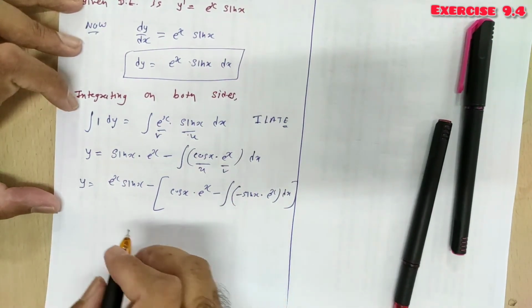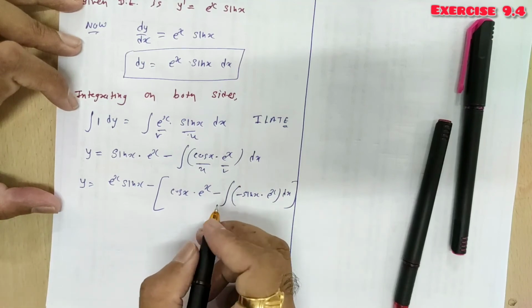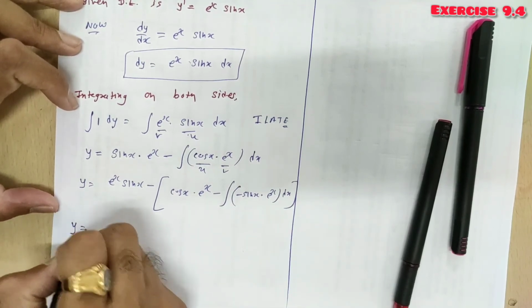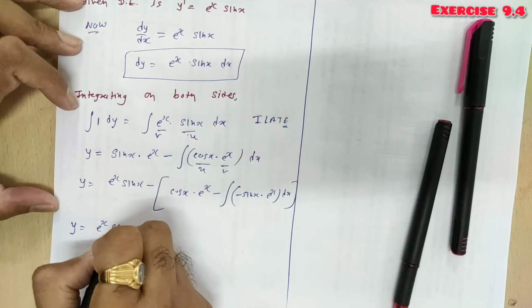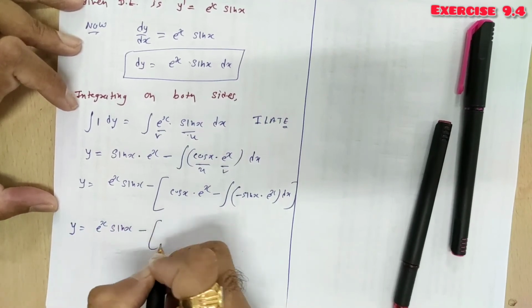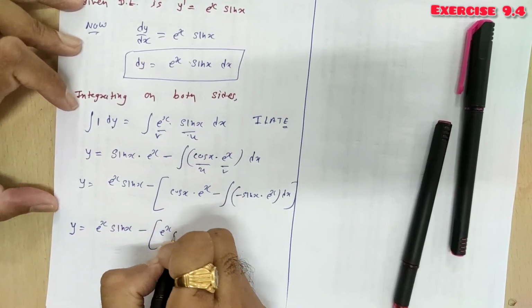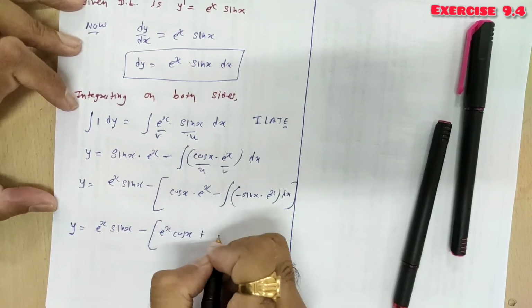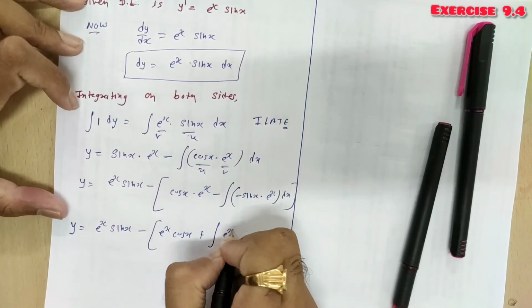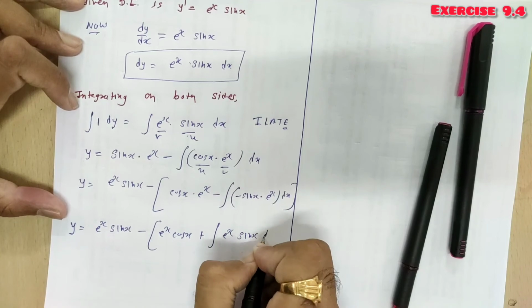Take this minus sign outside from this integration. So y equal to e raised to x sin x minus, this one is e raised to x cos x, minus plus integration of e raised to x sin x dx.